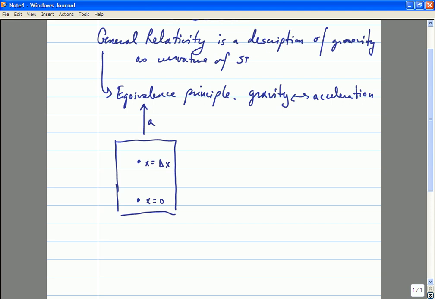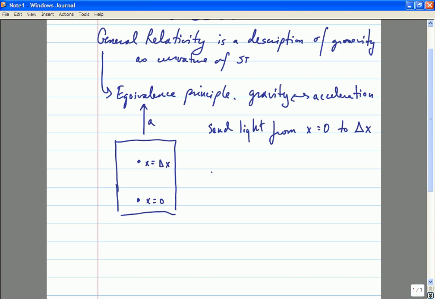Okay, so if we send light, say, or some other radio signal or other sort of signal from a position x equals 0 to x equals delta x, then because the elevator is accelerating, the velocity of the elevator will change between the interval when the signal is emitted at x equals 0 and received at x equals delta x.